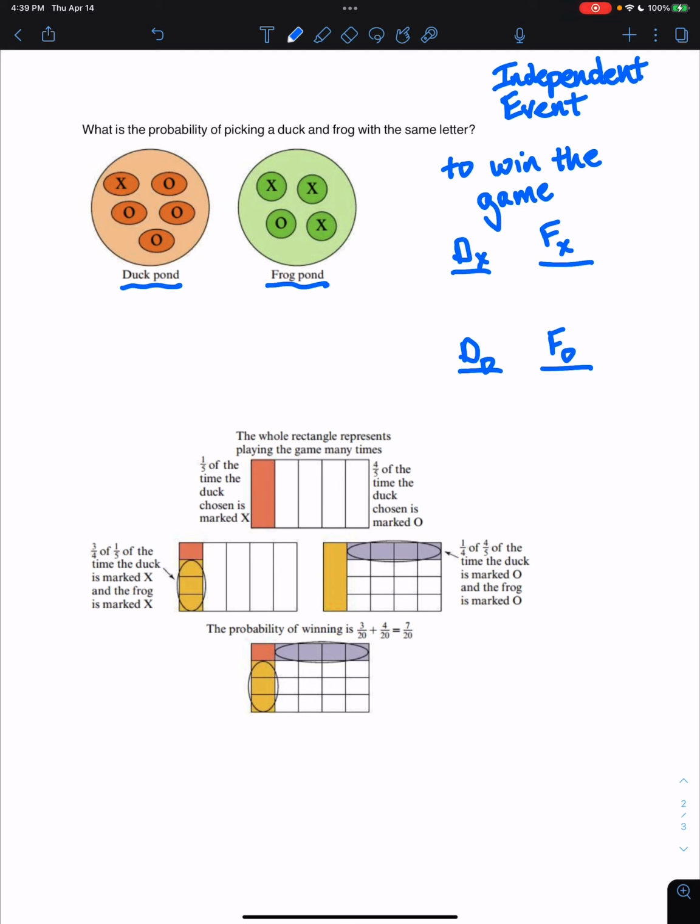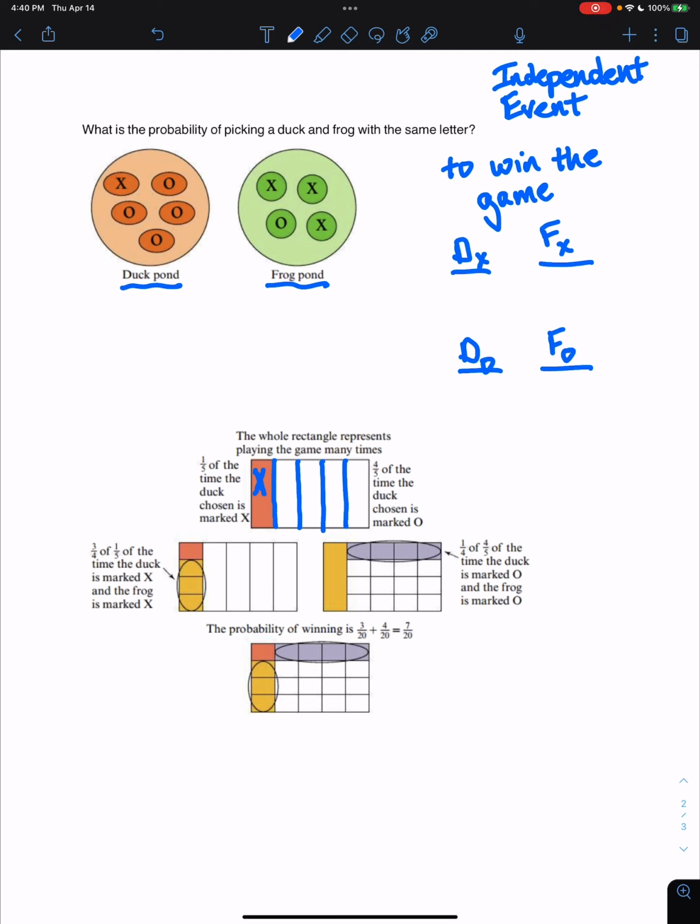And so first, we have the probability of drawing a duck that is marked with an X. So we have divided the rectangle into 5 pieces representing the 5 little ducks on the pond, and one of them is colored in. This represents the 1 duck with an X. So we have a 1 out of 5 chance of picking a duck with an X.